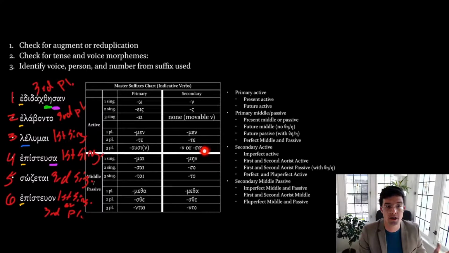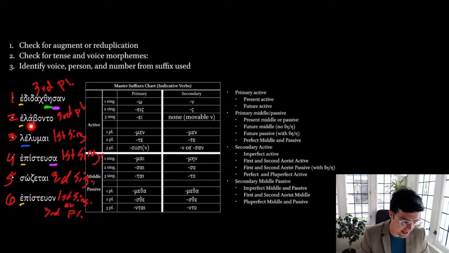And we already know that we have an aorist passive indicative, but when we come down to the secondary active, we see that the first aorist and second aorist passive are going to use these endings here, the secondary active ending. So that's sort of confirmed for us, and we know that we now have a third person plural. So our parsing information is aorist, and more specifically first aorist, passive, indicative, third person plural.